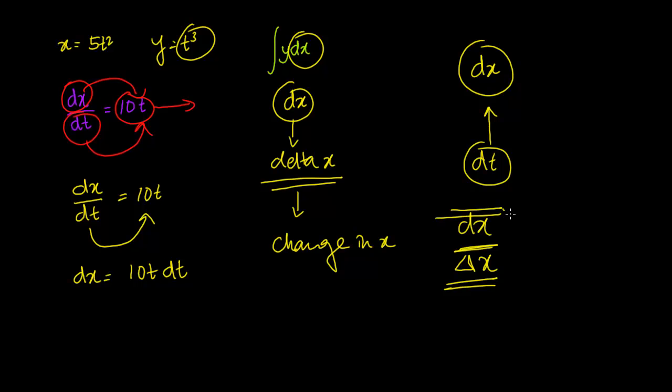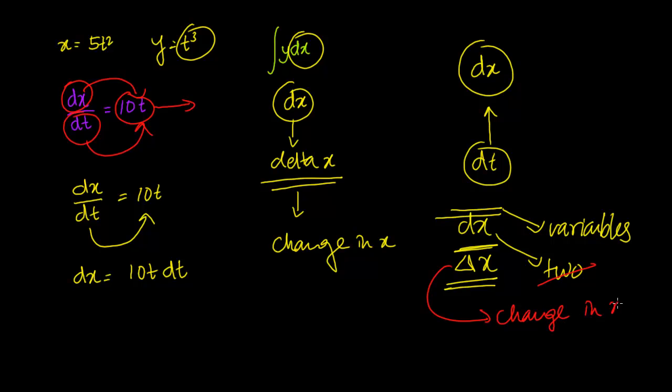These are just like any other variables. This isn't a combination of two variables. It just means a change in x. So essentially, what we're only moving around is an x value. So you can move these around, you can play with them, and therefore you can manipulate these to your advantage.